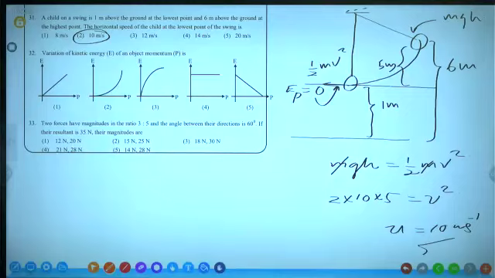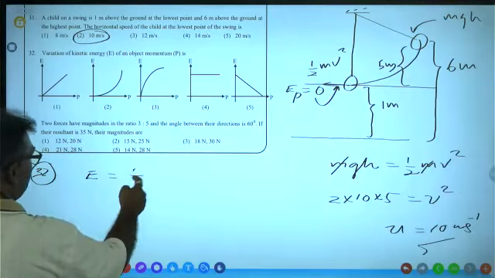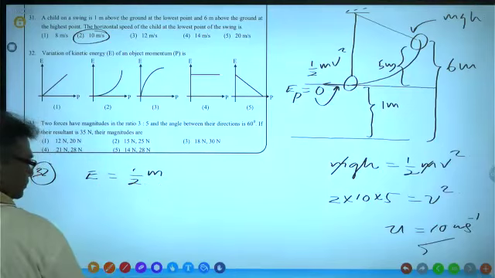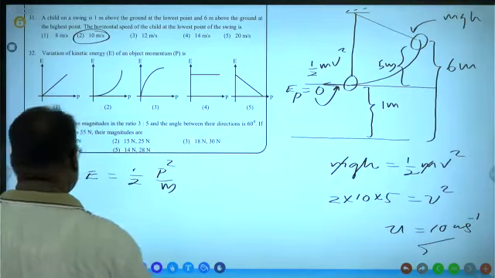Next, number 32. The variation of kinetic energy of the object against momentum. Kinetic energy equals half p squared over m, right?